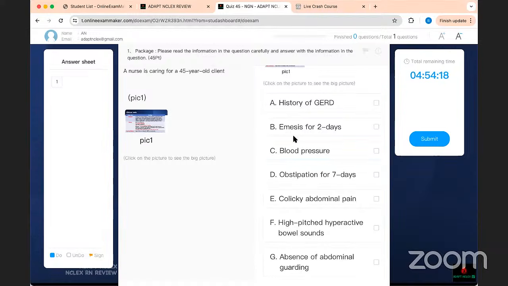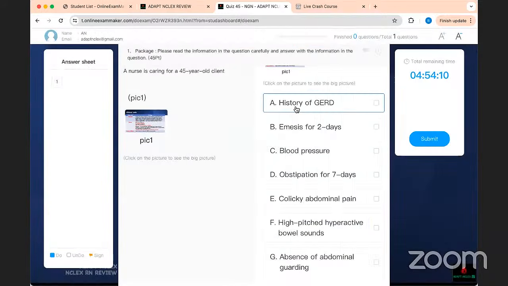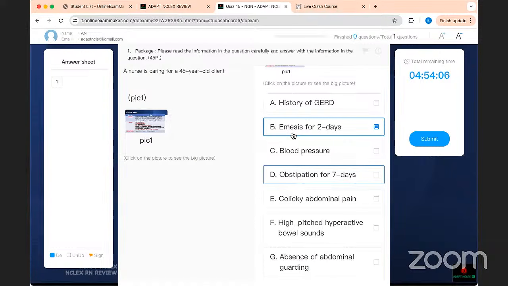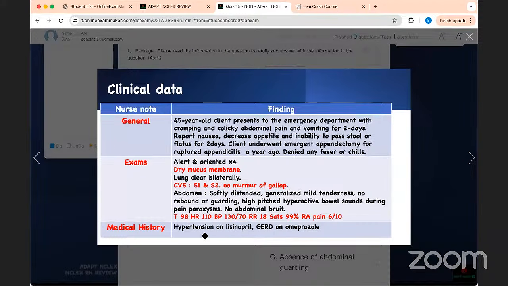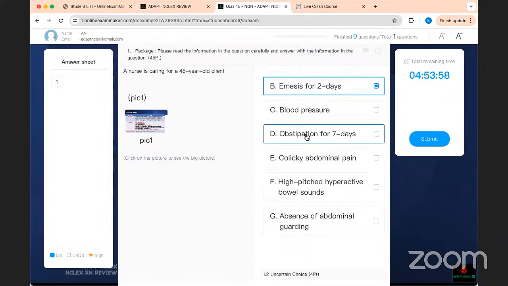right? That's the history of reflux. You're not going to do anything about it. You're not going to be doing anything about reflux, so you should not pick it. Patient vomiting for 2 days, it's worrisome, right? The blood pressure is 130 over 70. It has the history of hypertension. That is fine. Constipation means no gas, no bowel movement for 2 days.